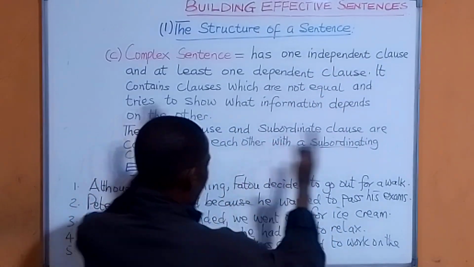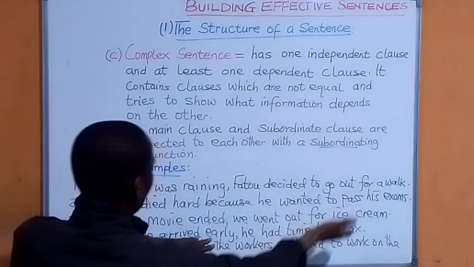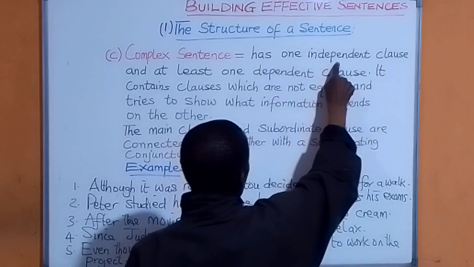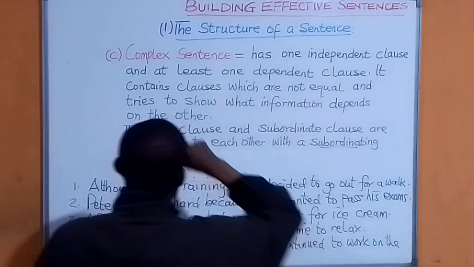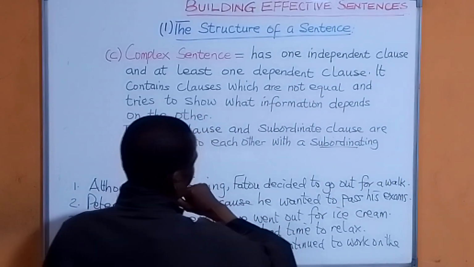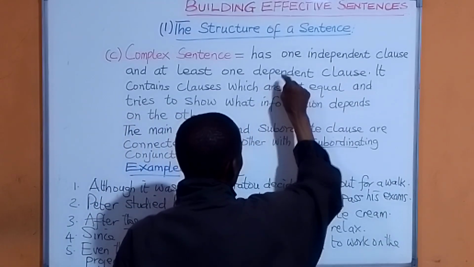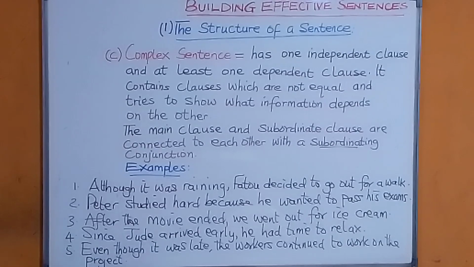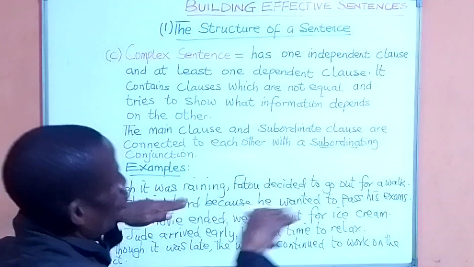So it could be the first clause, it could be the second clause. But the case is that you have one independent clause and at least one dependent clause. They are not equal.